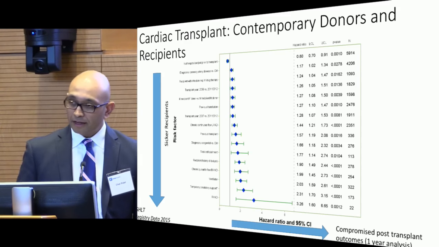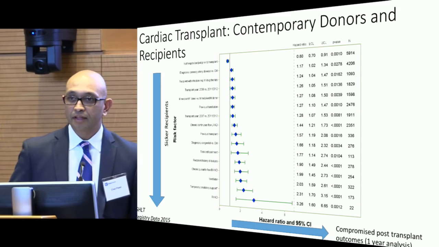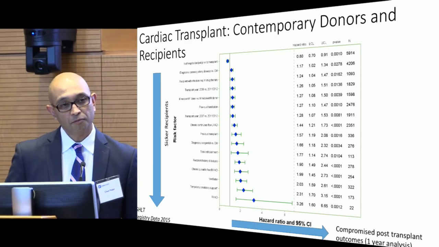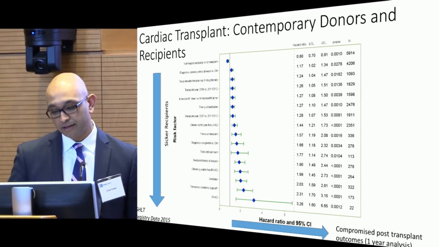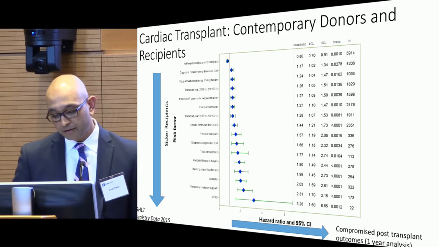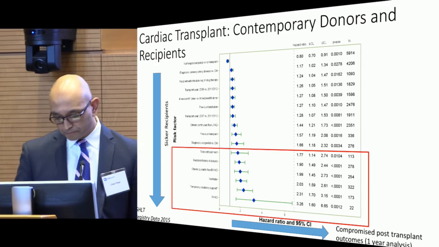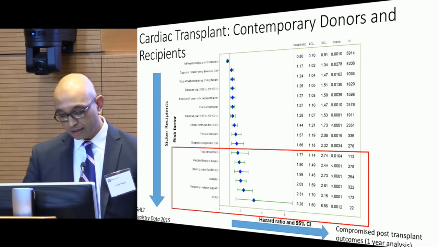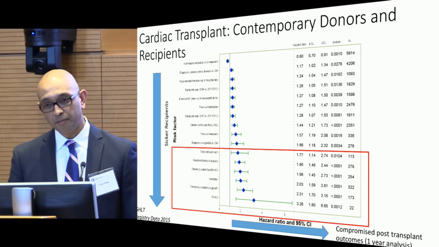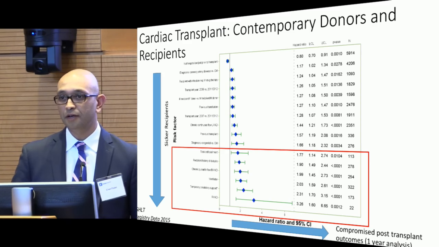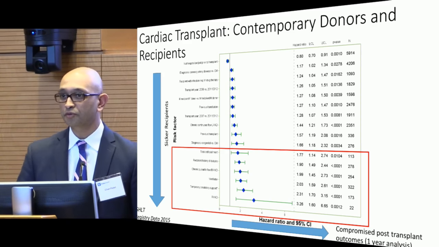It's important to identify those patients that are sliding before transplantation, and these are data out of the transplant registry again. The important point here is that as patients decline and require mechanical devices before transplantation, their post-transplant outcomes are worse.